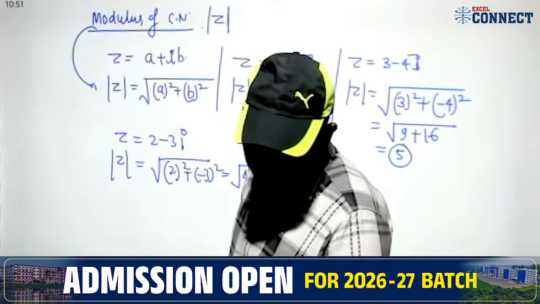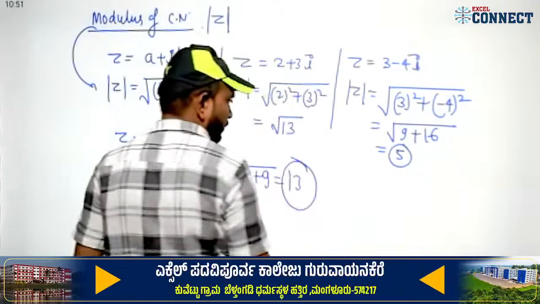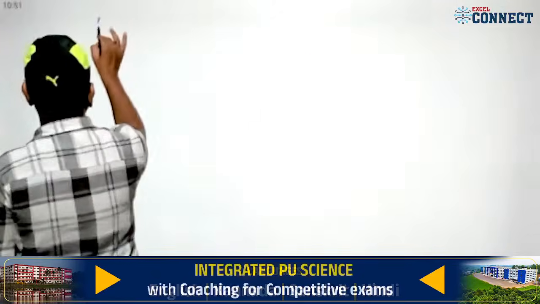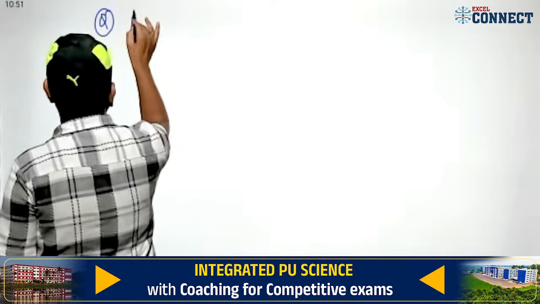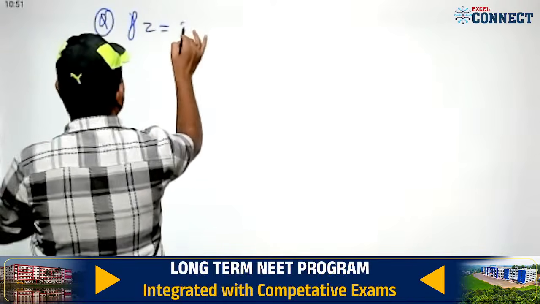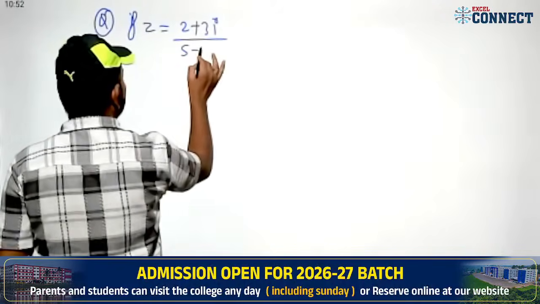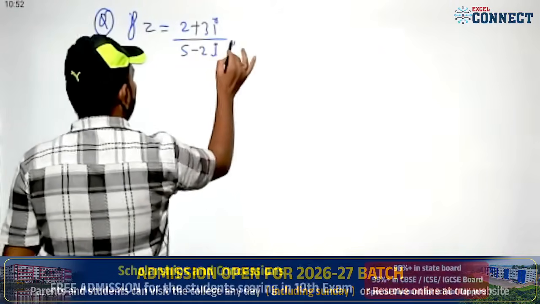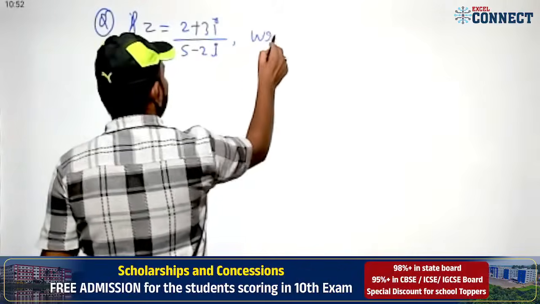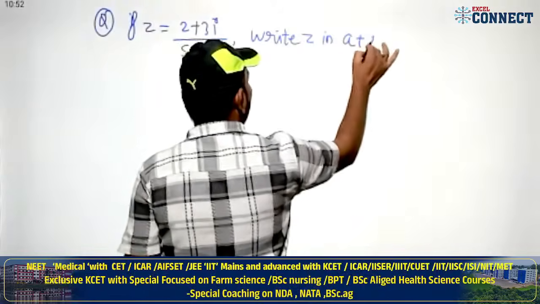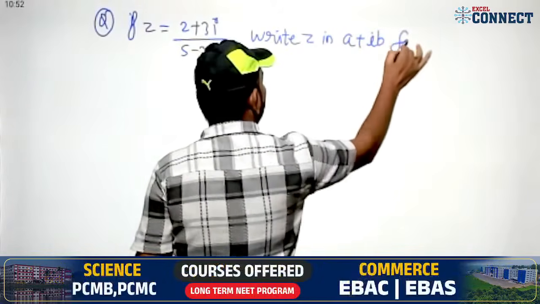Okay. So if I give one complex number, if Z is equal to 2 plus 3 iota divided by 5 minus 2 iota, write Z in A plus iota B form.